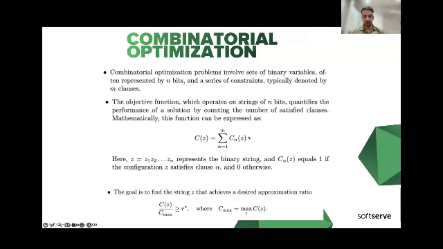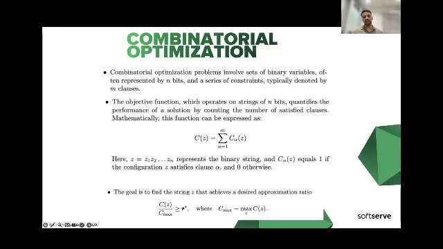So you can switch. So the goal is to find the string z that basically achieves something called the approximation ratio, where, for the string that I found, the ratio of its cost to the actual maximum cost is bigger than or equal to some r.